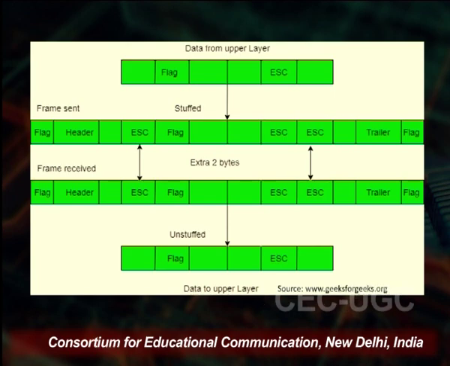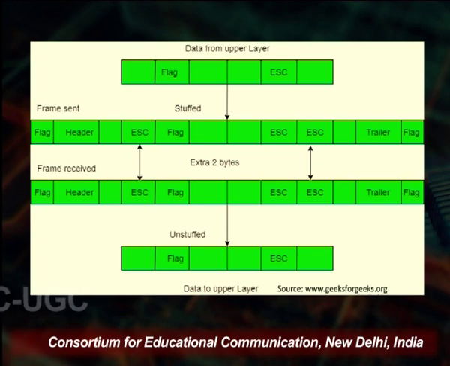Here we have data which is coming from the upper layer. This data is divided into different frames, and if required some extra bits of headers and trailers are also introduced at the sender.